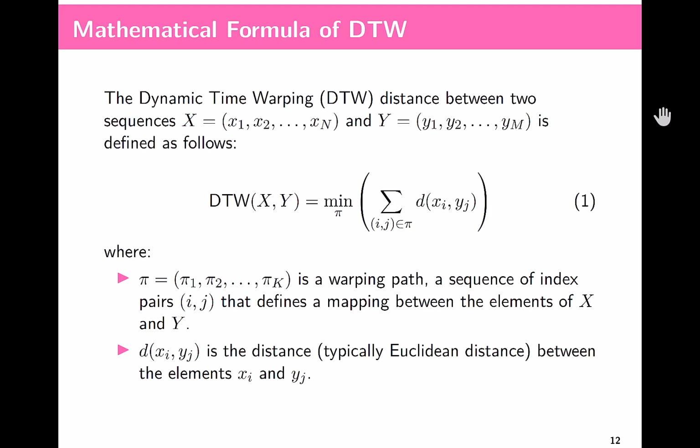Each d(xi, yj) is the distance, which could be Euclidean distance or other things, between the elements xi and yj in the sequences.